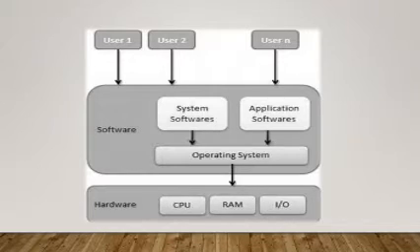We have different types of users, from user 1 to user n, and from the users, the system and application programs perform certain tasks and give them to the operating system, and with the help of the computer hardware it performs them, and vice versa, we get the result on the computer screen. So this is the relationship of the OS to the basic hardware of the computer.